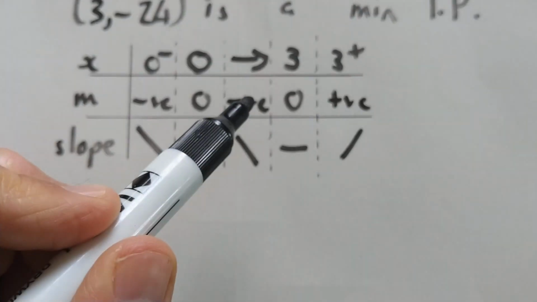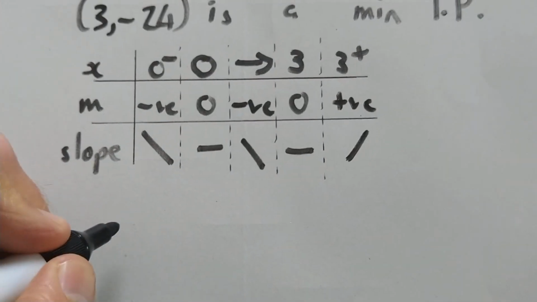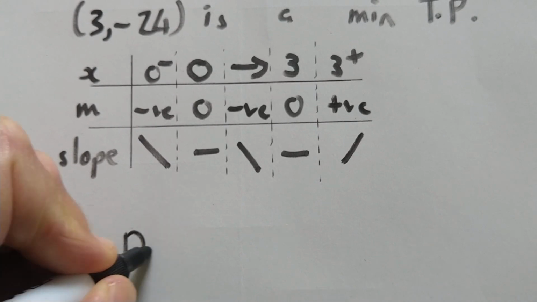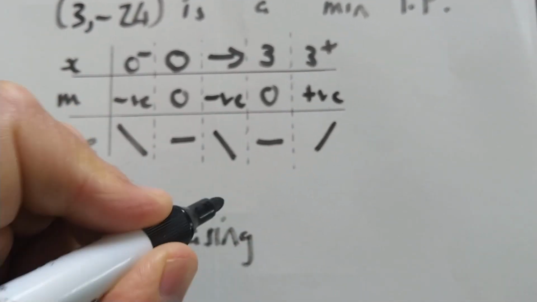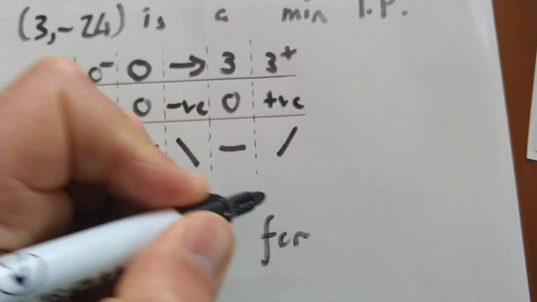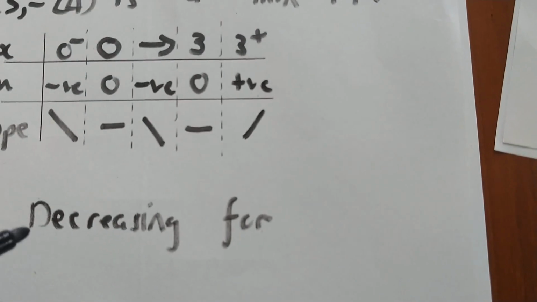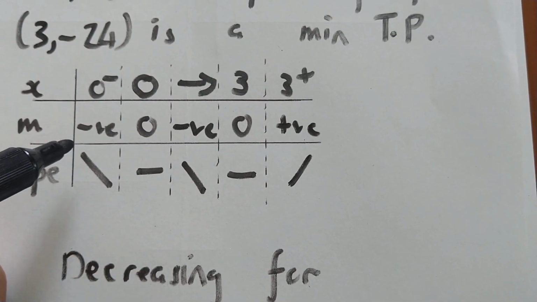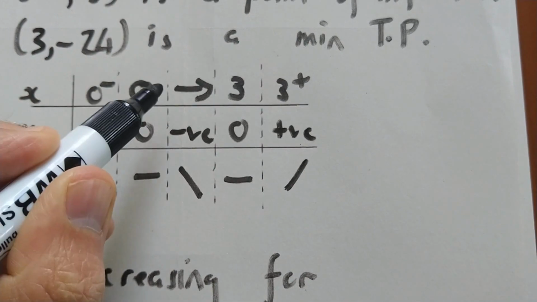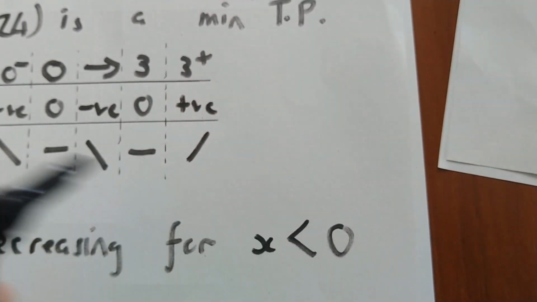So it's decreasing here and here. Of course, you could normally write the function as decreasing, if you were asked, which won't be in today's exercise, but next time, decreasing for, well, when is this? This is when x is less than 0.